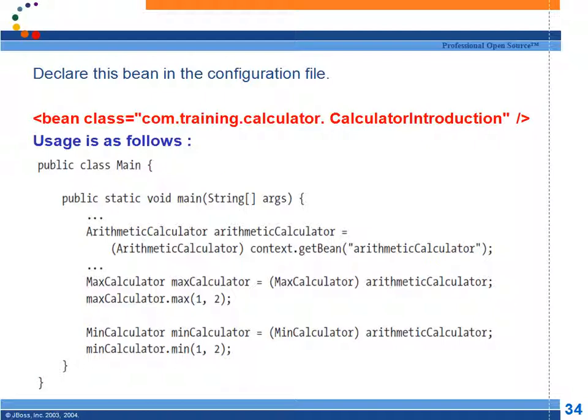Right? Whenever you are calling this method max, that method implementation is already present inside the proxy. That will be invoked. So this is how the client will get a feeling that he is actually invoking a max method on arithmetic calculator now. Right?